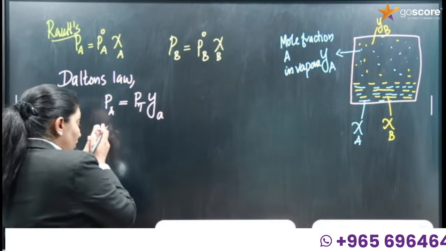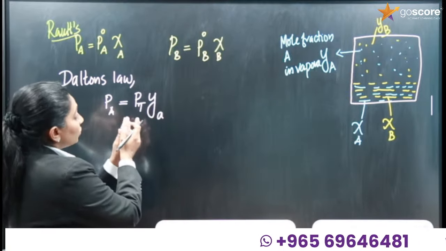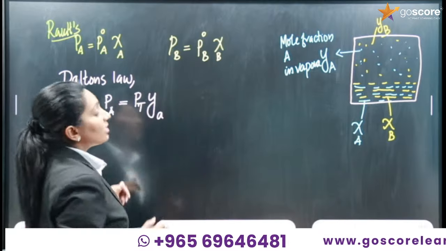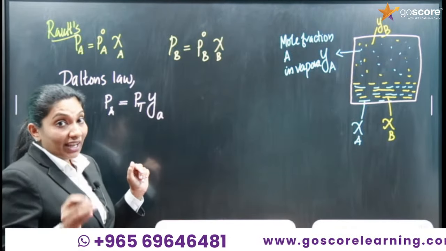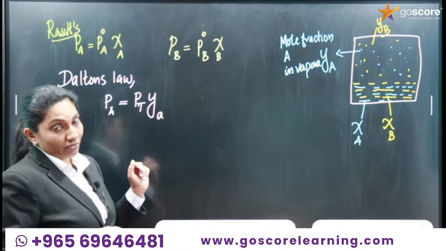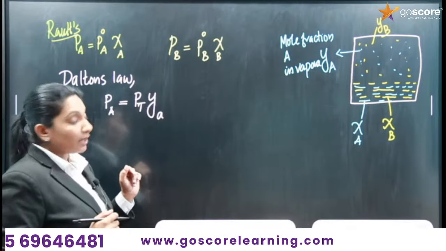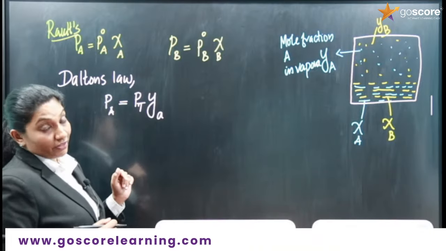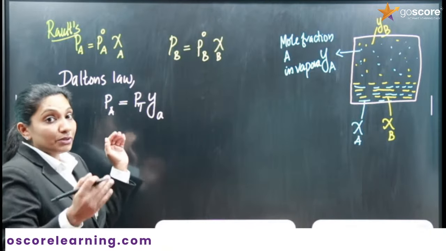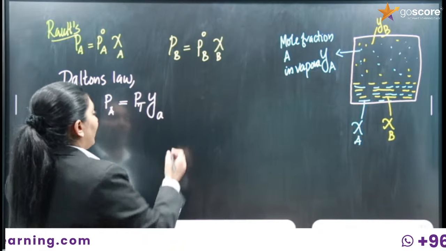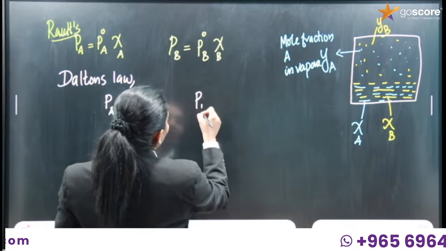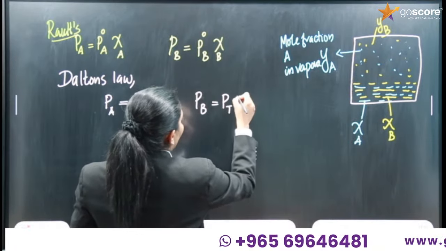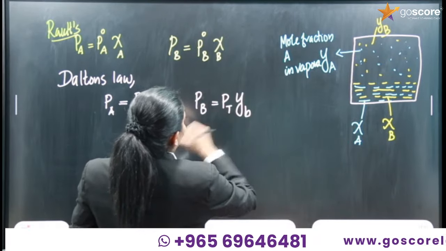So the vapor pressure due to component A is equal to total vapor pressure of the solution into the mole fraction of the component A in the vapor phase of solution. Okay, that is what, according to Dalton's law, the partial vapor pressure exerted by the component A. Same like for the component B, we can write PT or PS into YB. Right?